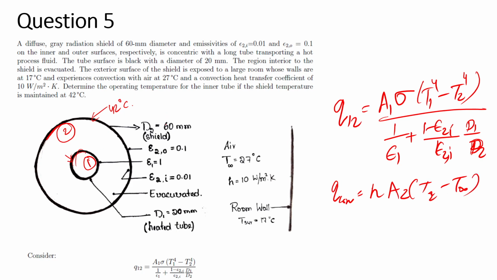And again, radiation will be emitted from this. So Q radiation will become simply epsilon 2 A2 sigma (T2 raised to 4 minus T surrounding raised to 4).